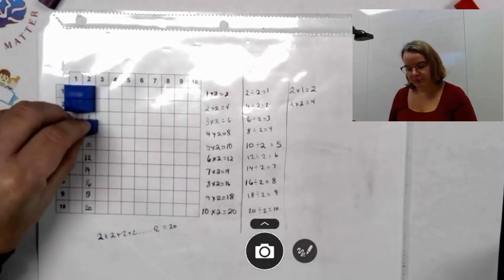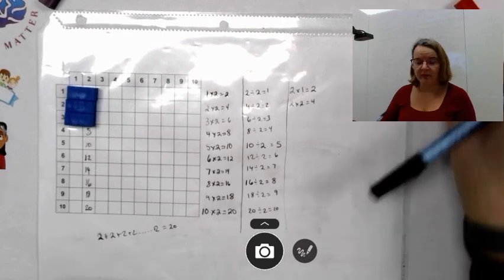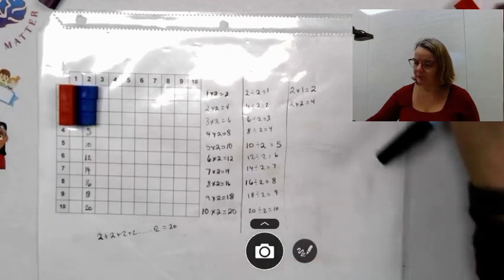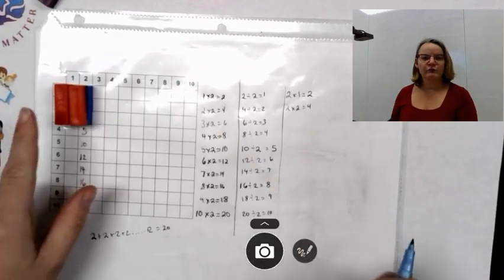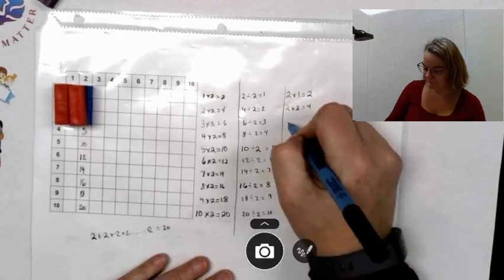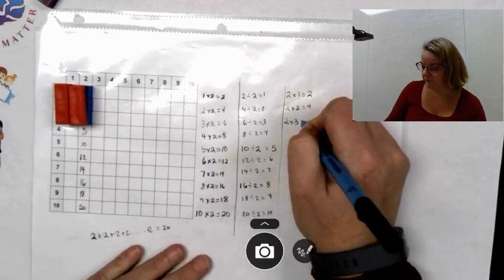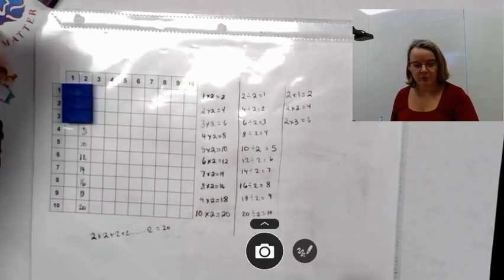What if I have 3 2s? What rod can I place here vertically so it has the same length? And how many would I need? Well, it might take them a bit, but I'll put their 3 there and their 3 there. So 2 3s will give me the same area as this one, which has an area of 6. And then students will just keep going.